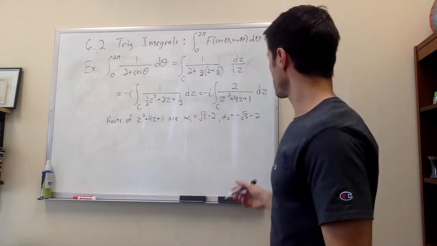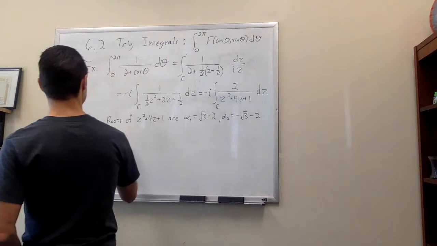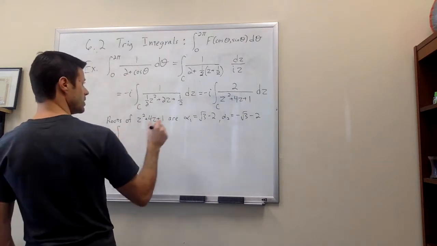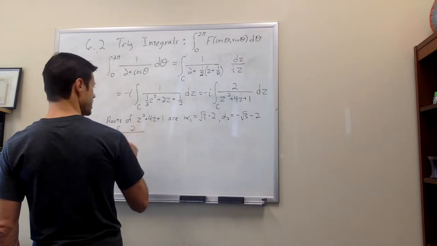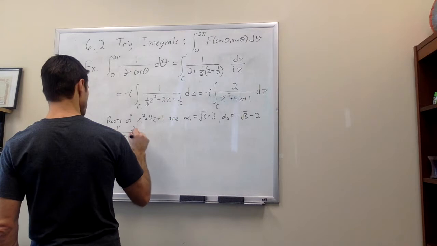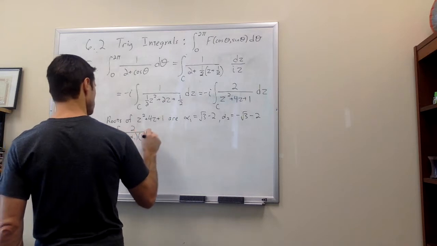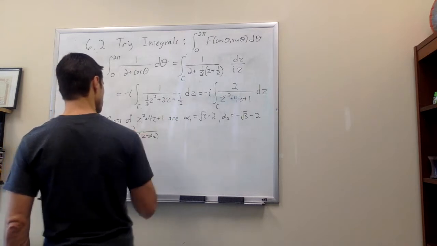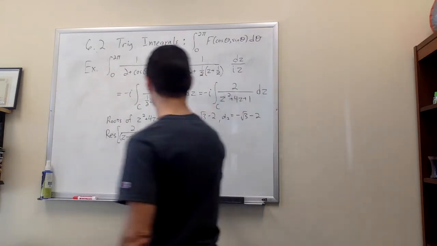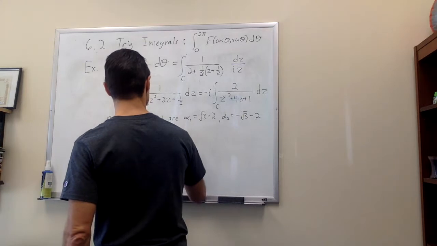We're going to find the residue of 2 divided by the factored denominator. This is our function that we want to find the residue of at alpha 1.